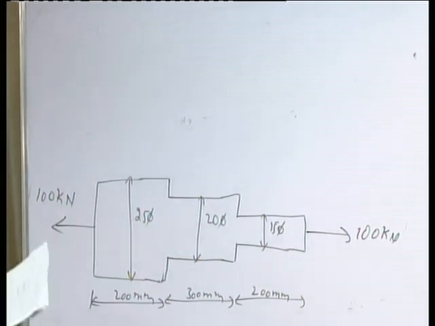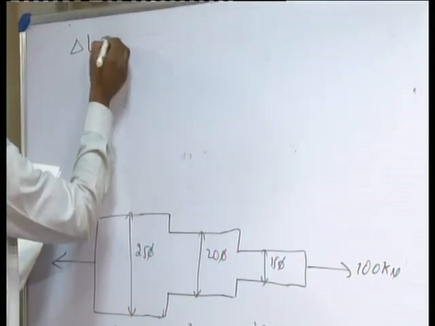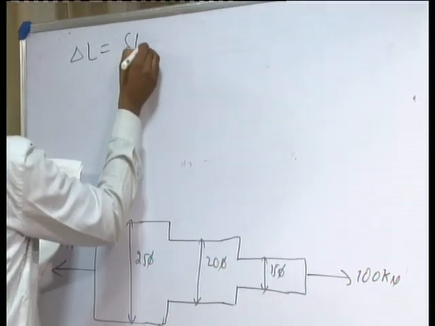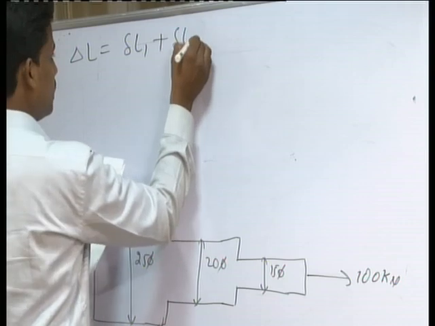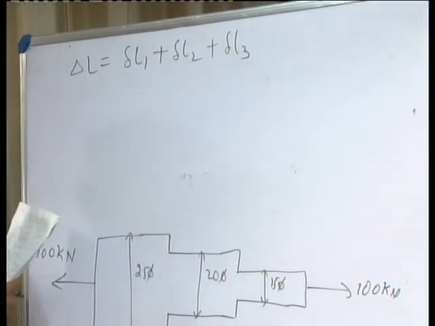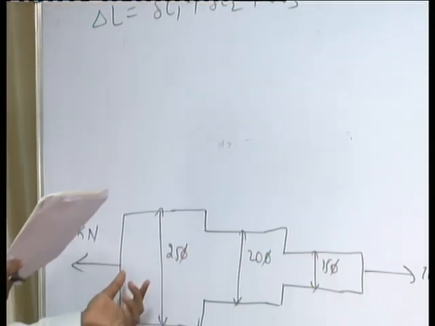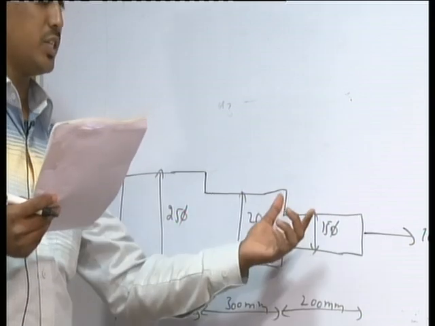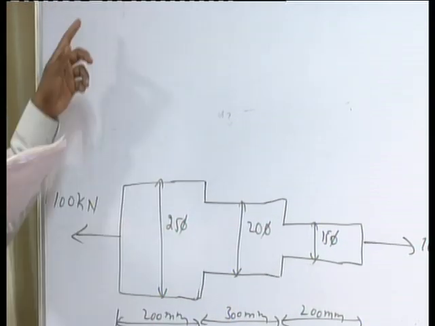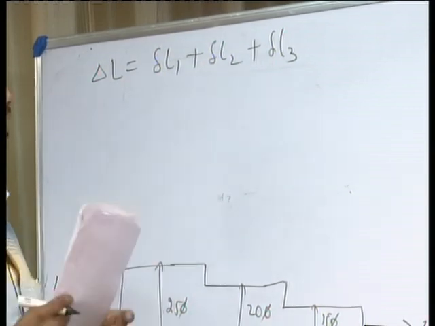According to the principle of superposition, delta L is equal to delta 1 plus delta 2 plus delta 3. That means the total change in length is the summation of the changes in length in all the cross sections.